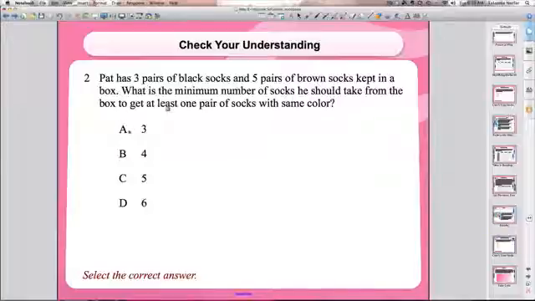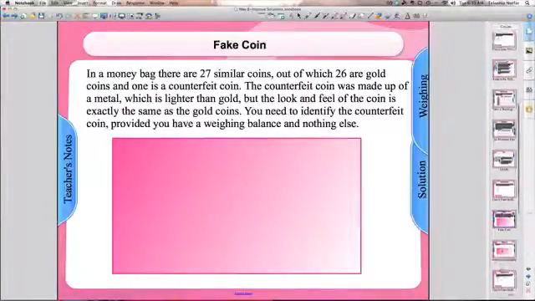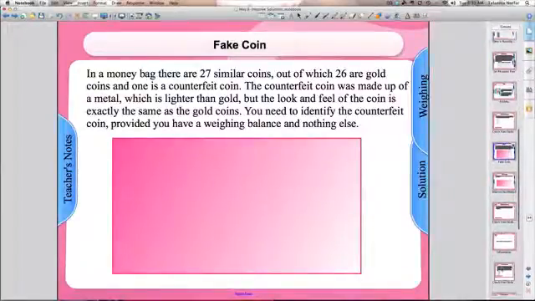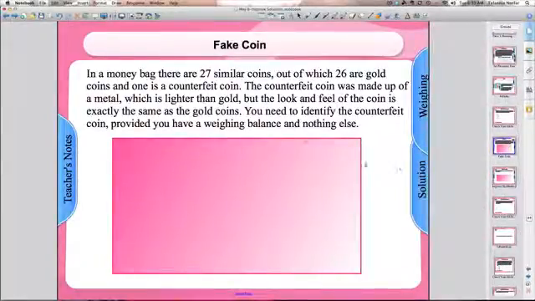Let's start with A, and great job if you chose A. B, C, and D were not the correct answer. A few more, and then you'll be answering questions with your remote.